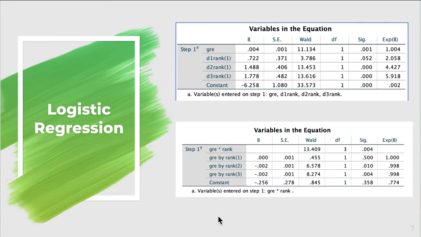Our only significant result was rank 4 in GRE, which would be logical because the higher the GRE score an individual has, the higher the probability of being accepted. It's more than likely that an individual with a higher rank will have a higher GPA and high GRE, as well as other factors that will help them be accepted into higher education.